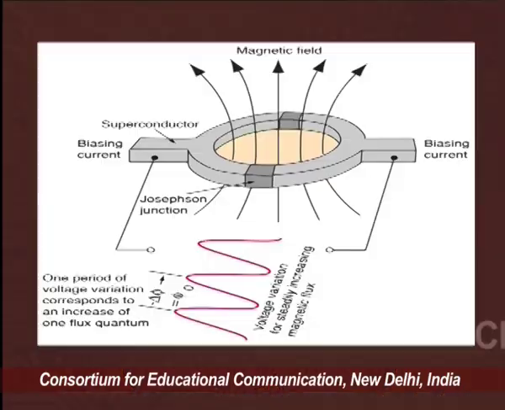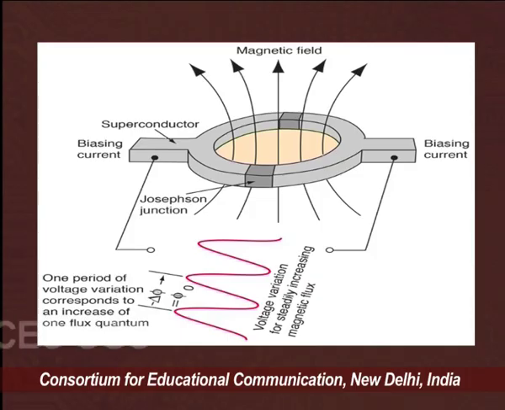You can see on the screen, this is very easily defined. We have two superconductors attached with insulating material, and you can see how the magnetic flux is flowing inside the device. So, this is the magnetic flux field inside a superconductor in the SQUID.